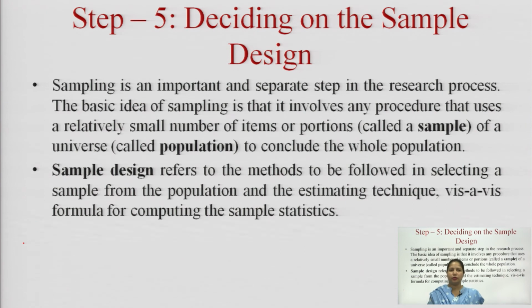Whenever we do a study, we are not able to select the whole population or whole universe, because that is not very economical. So we conduct the study by using a sample, meaning in the whole population we select only a few people on whom we will conduct our study, or from whom we will collect data.